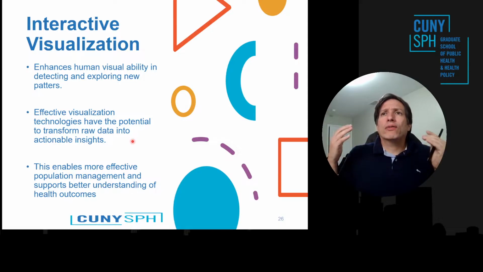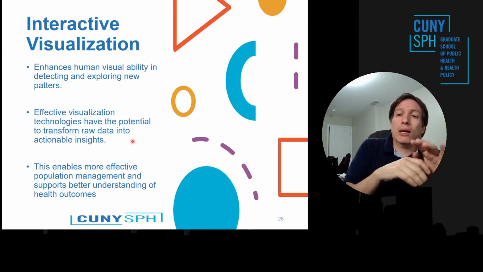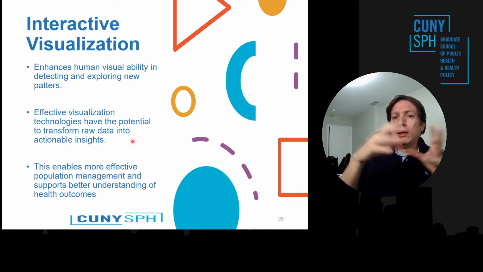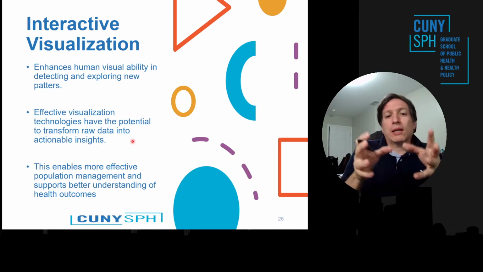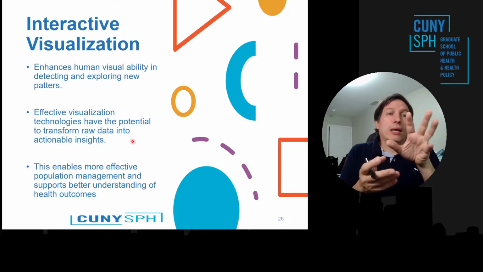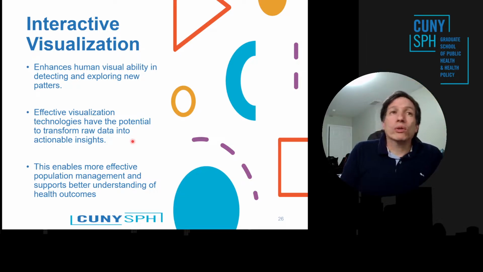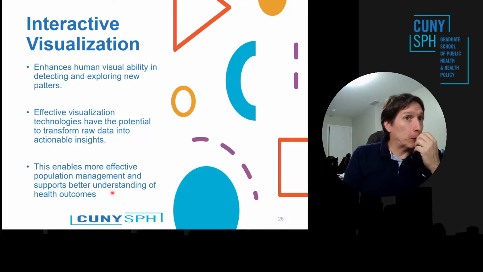Let's think, for example, that we're following how well some population of patients are doing, and if we see that some of them are getting out of the parameters, maybe that's going to trigger that you need to focus on them and create some actions. And this enables a more efficient population management and supports better understanding of some health outcomes.